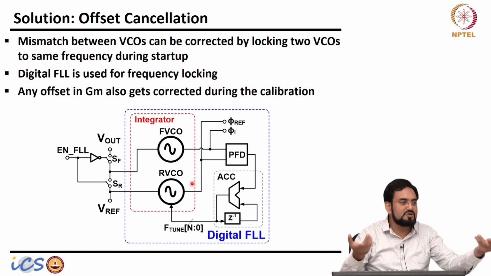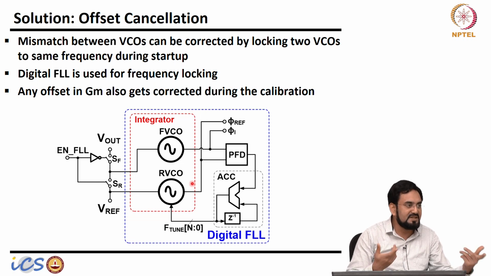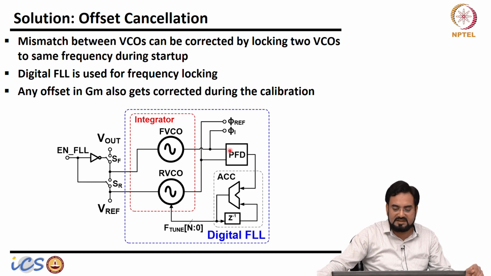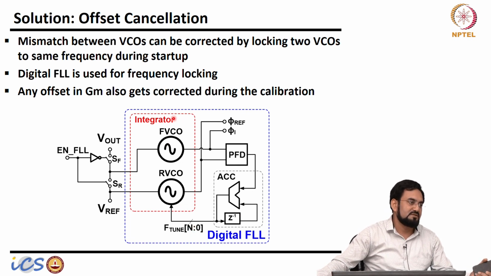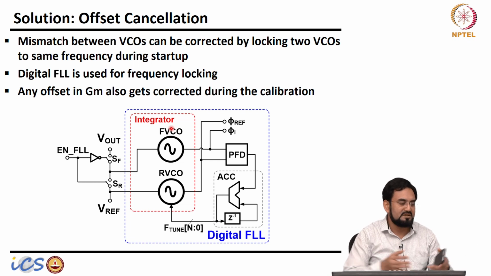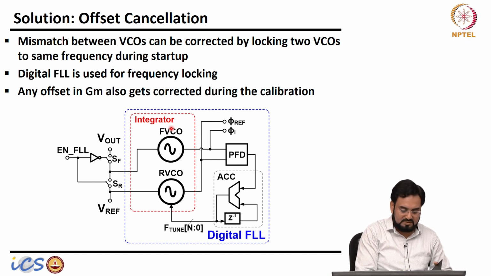If they are matched, both should operate at the same frequency, but if there is a mismatch, they will not. This PFD will detect the frequency difference, and I have an accumulator that will accumulate the frequency error and control one of the VCOs. If this one is higher, you can reduce this frequency or increase the other frequency, whatever you want to do. That's how you correct the offset.